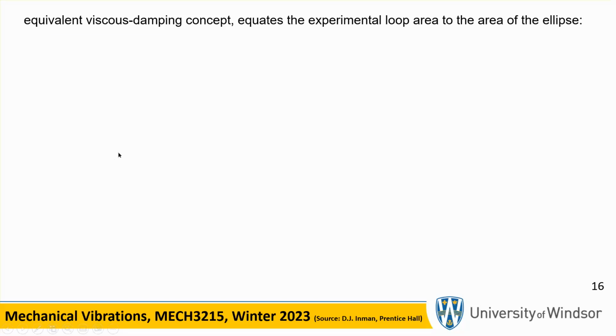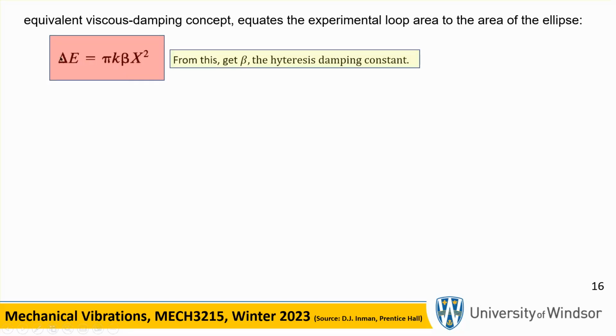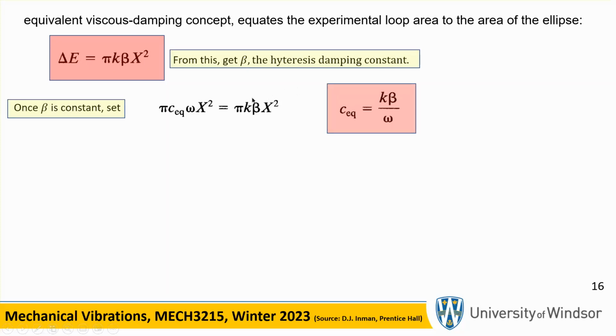Well, we're going to use what we know. We know that this is from experiment, and we're going to set it equal to the equivalent viscous damper, for which we remember we had pi c omega x squared.